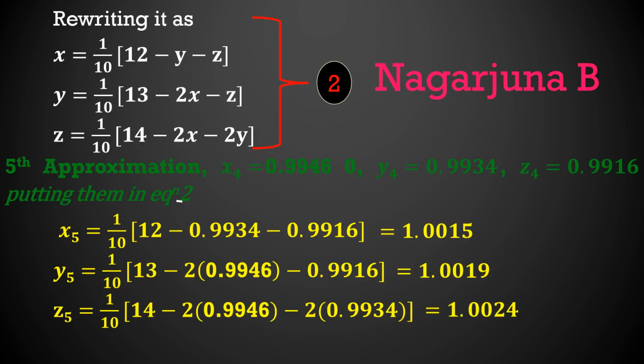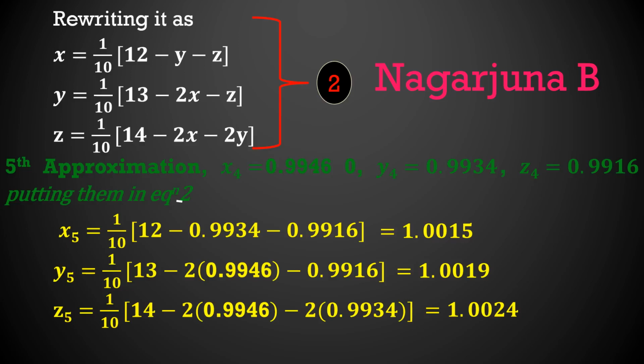1.0024. By just observing x4, x5, y4, y5 and z4 and z5, these are almost all the same when we round them off to a single digit, that is, to one significant digit.